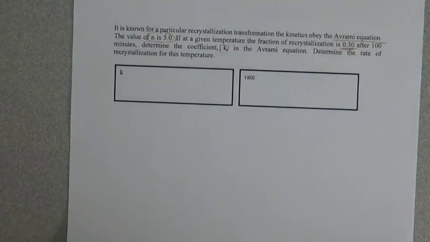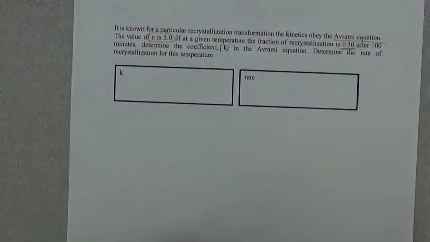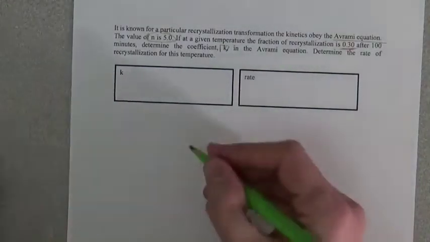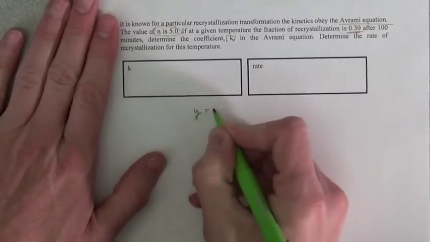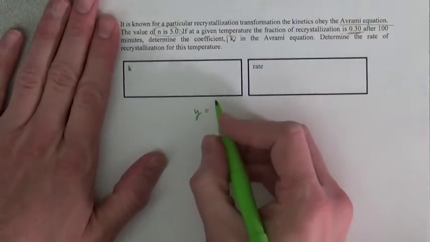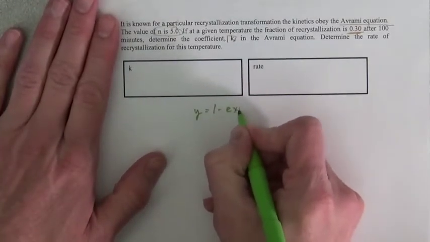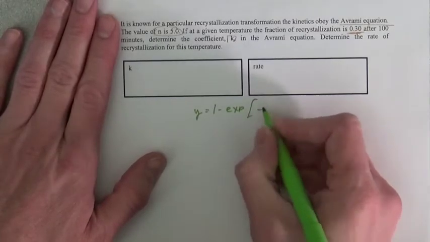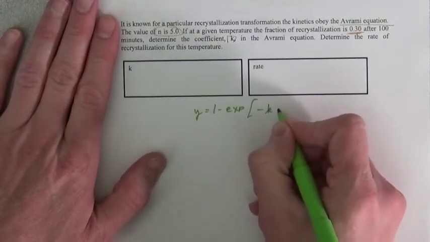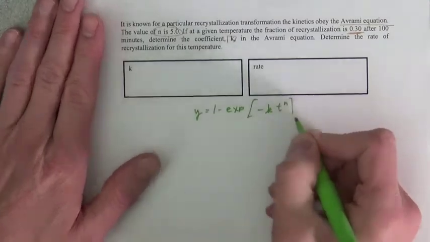So first we write the Avrami equation, which is y equals 1 minus exp of negative k t to the n.